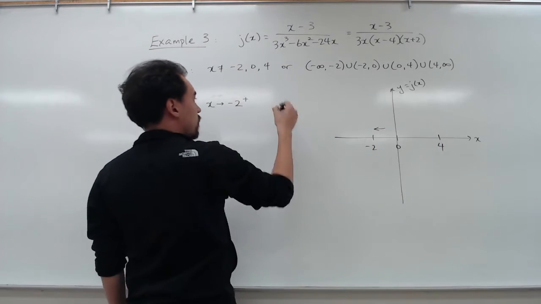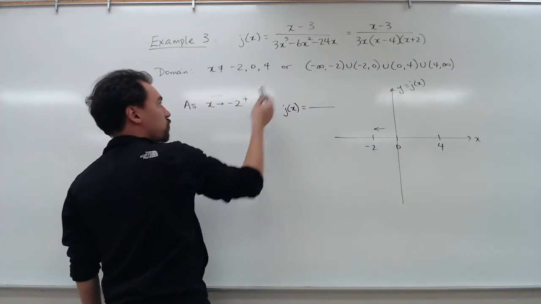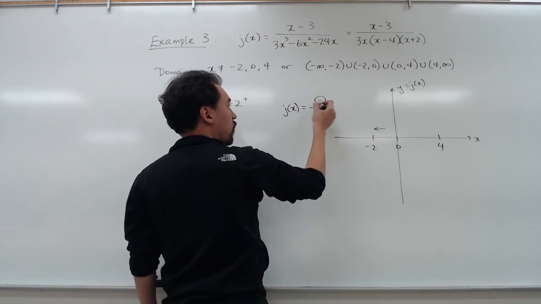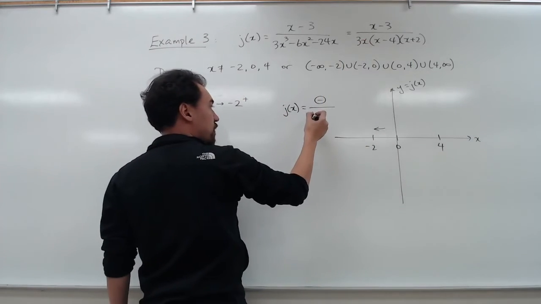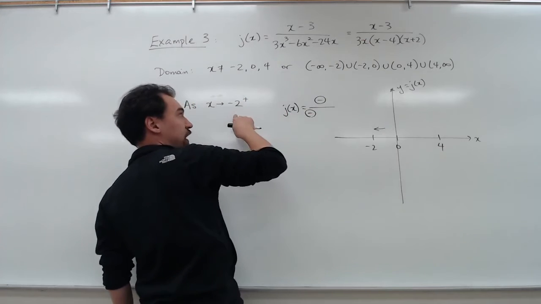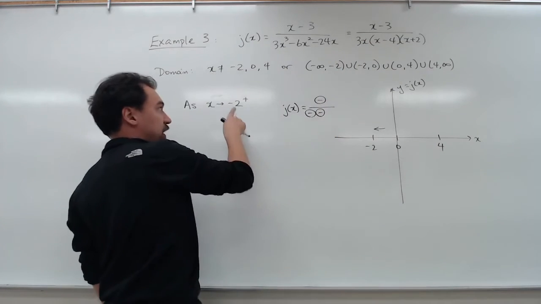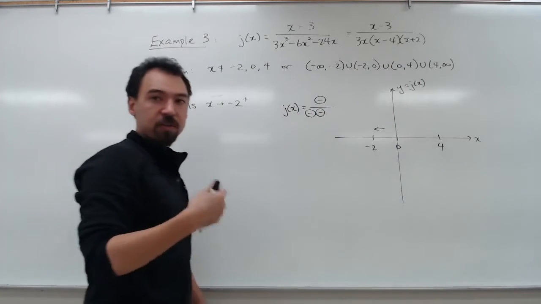Okay, so we'll write down j of x equals, and in the numerator, if I plug in close to -2, that's going to be close to -5, overall negative. Then close to -2 times 3 is close to -6. Then close to -2 minus 4 is close to -6. Finally, if I plug in close to -2, this turns out to be close to 0.